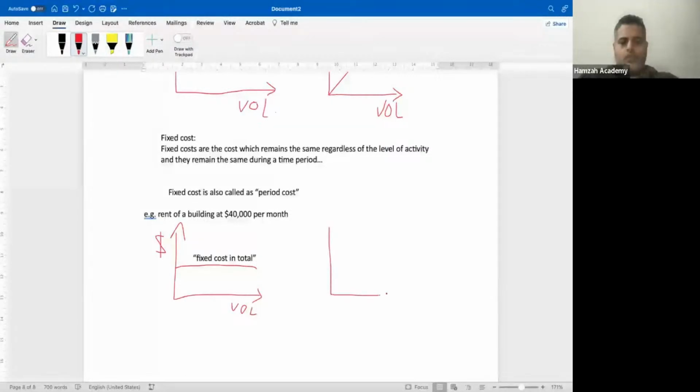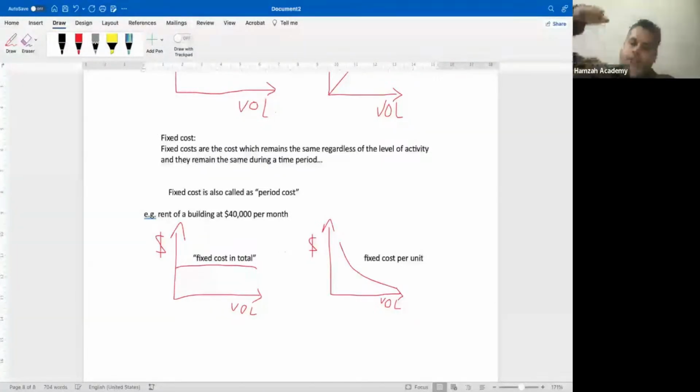And then we have a volume, amount, and this is fixed cost per unit. In per unit terms, it starts to decrease as the volume increases.